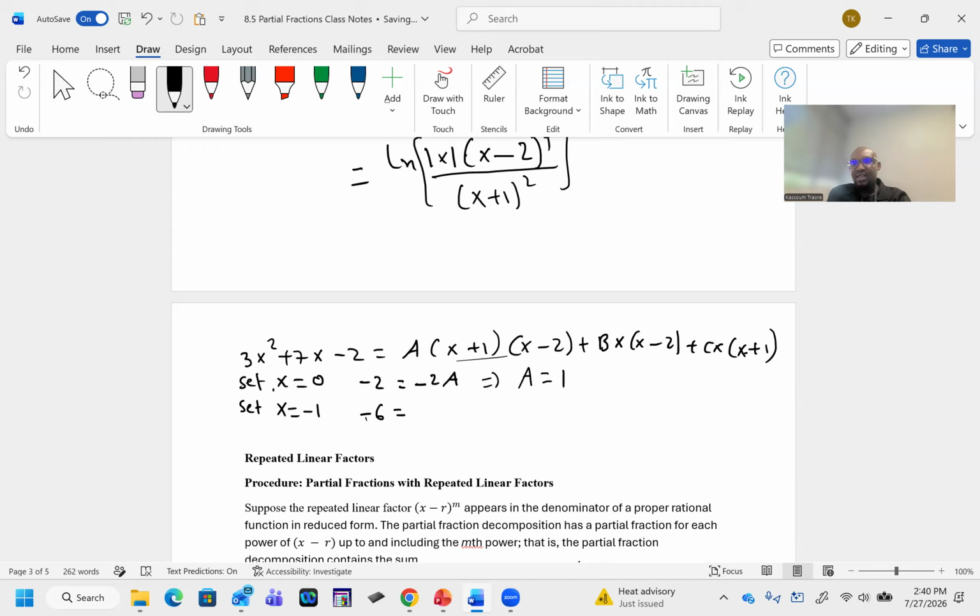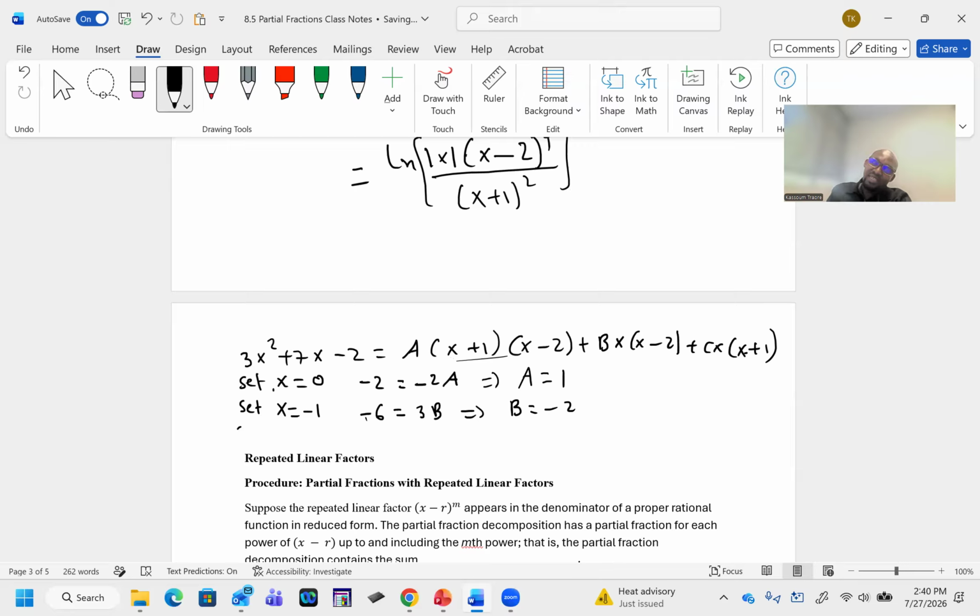On b, we'll have negative b. Negative 1 minus 2 is negative 3, so negative 3 times negative b is plus 3b, from which we see b will be equal to negative 2.